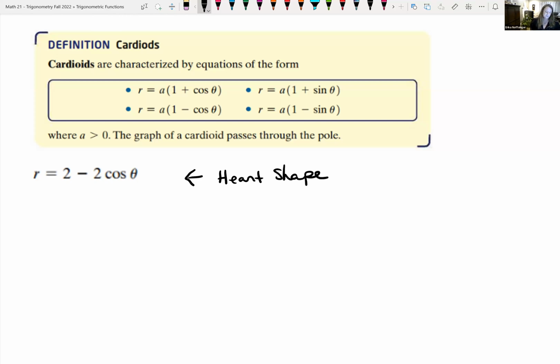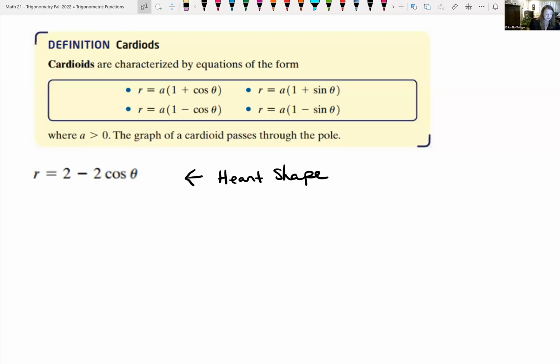So I could test for symmetry. I know that cosine theta is an even function, so cosine theta is the same thing as cosine of negative theta. Thinking about if I plug in negative theta for theta, what is that symmetrical to?